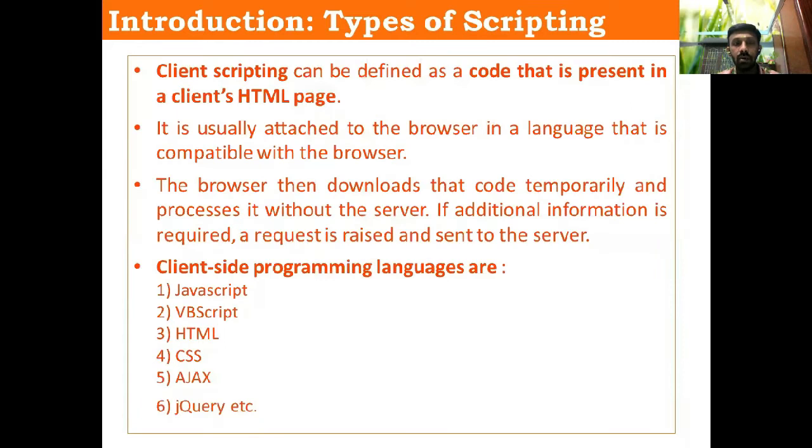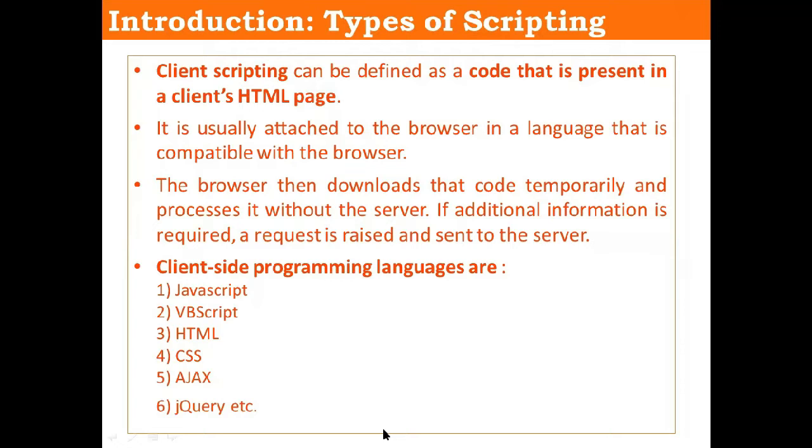So next we have two types of scripting language. The first one is client side scripting. It can be defined as code that is present in the client HTML page. That means the code will be present in the browser. The server will send the HTML page according to the user request.